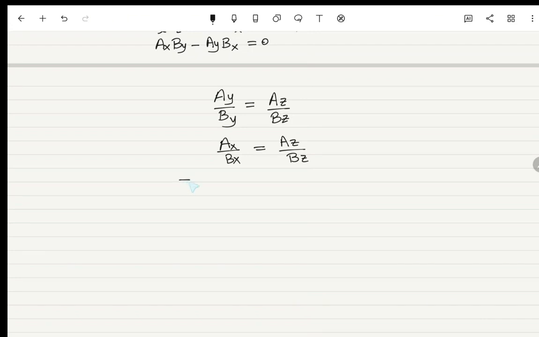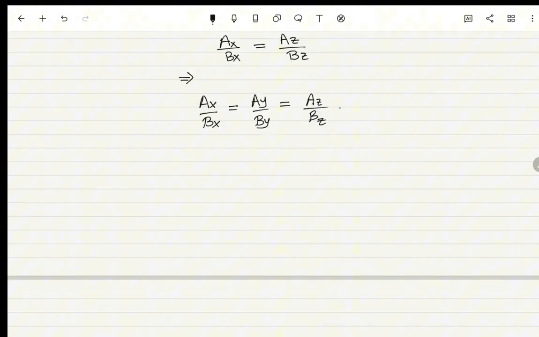And after all, we can say that AX over BX equals AY over BY, or equals AZ over BZ. The division of a vector by another vector is not uniquely defined unless they are parallel or anti-parallel.